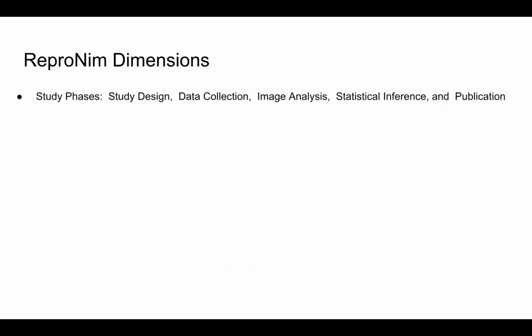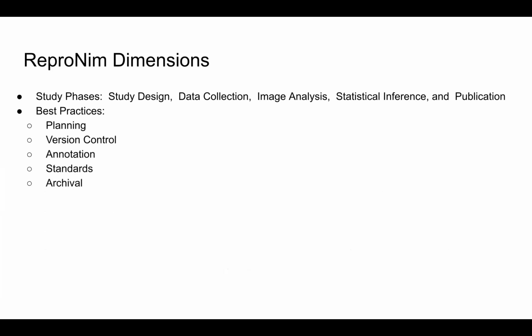RePRNIM likes to conceive of a study in a set of classical phases of a study. There's study design, data collection, image analysis, statistical inference, and publication. We also like to think about best practices that can be applied to each of these phases. These include planning, version control, annotation, use of standards, and archival.